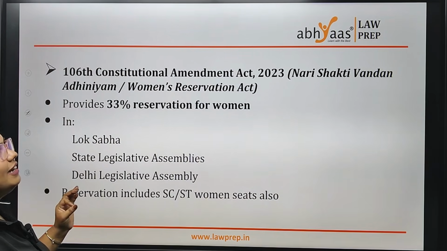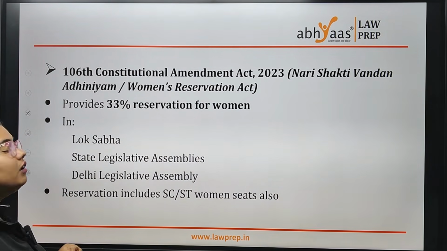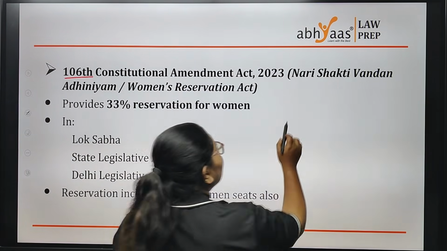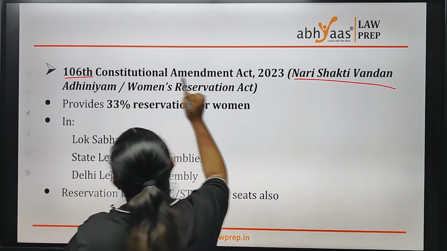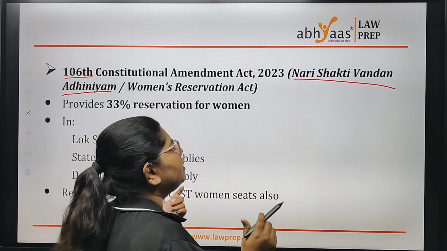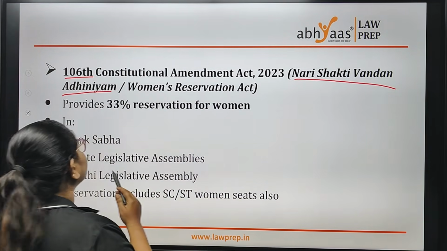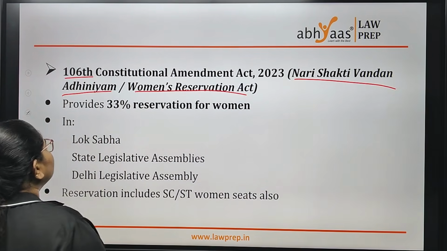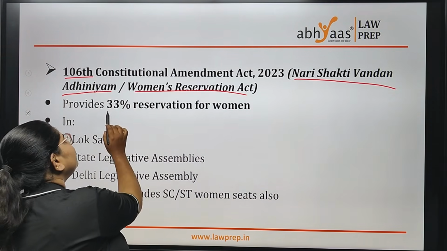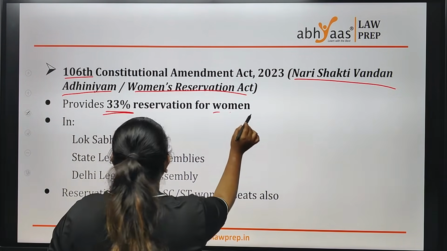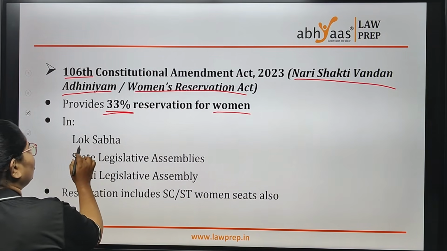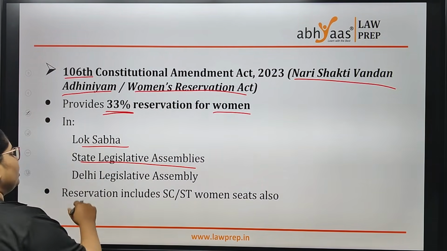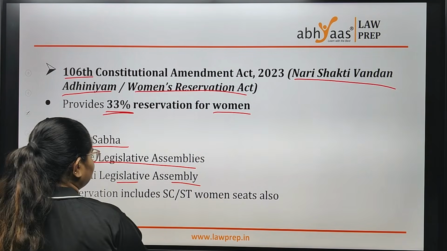Now coming to the recent and the last amendment, the 106th amendment, which is also known as Nari Shakti Vandana Adhiniyam. Please remember it, Nari Shakti Vandana Adhiniyam, which is also known as Women's Reservation Act. Here we said that 33% of reservation for women will be given in Lok Sabha, all the state legislative assemblies, and also in your Delhi legislative assembly.